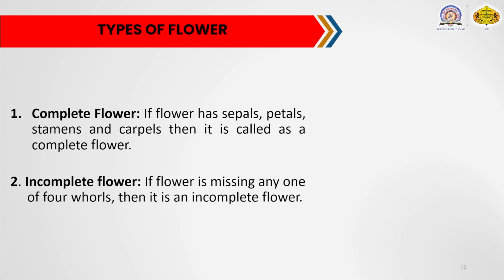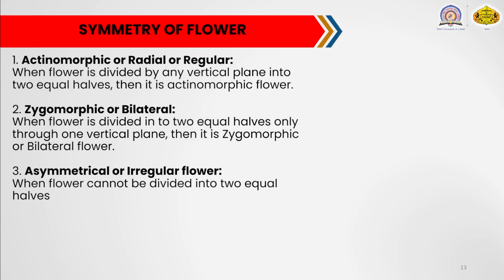Then it is called a complete flower. Whereas an incomplete flower is one in which any one of these four floral whorls is missing. In this way, complete and incomplete flowers are considered.